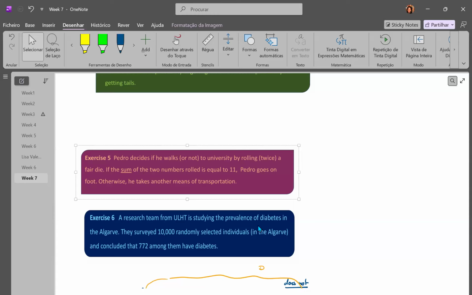In exercise 5, we can determine p, we can tell the value of p precisely. Exercise 6, we cannot. Let us see if everyone agrees, if everyone can determine the value of p for exercise 5.